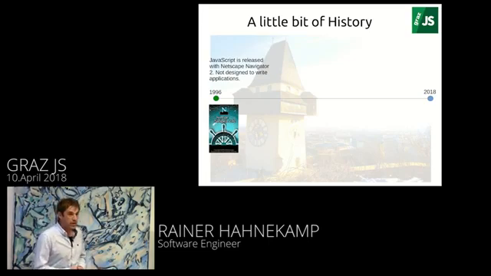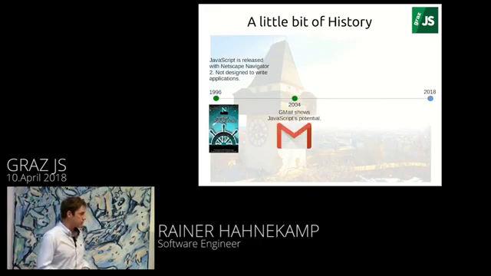So this was the situation for quite many years, until in 2004 the unthinkable happened, because somebody released a real major application for the first time to the major public, and they only used JavaScript. And the company that was behind this was Google, and the application was Gmail.